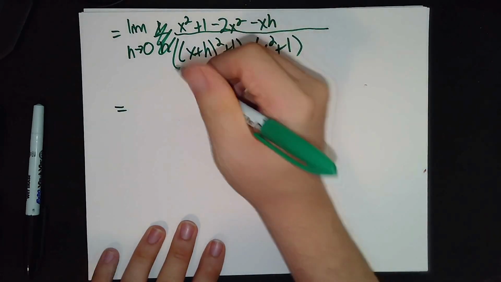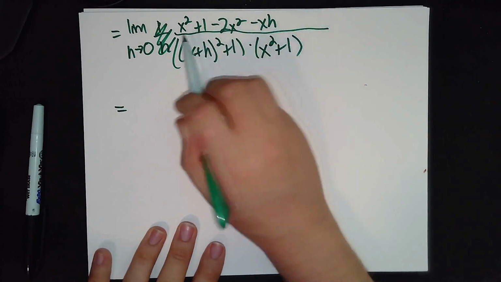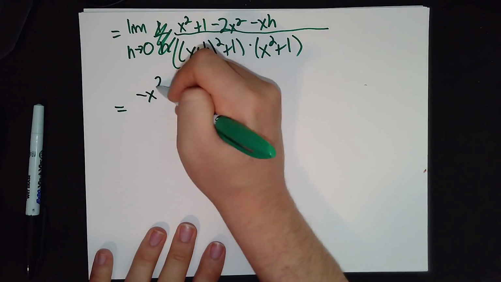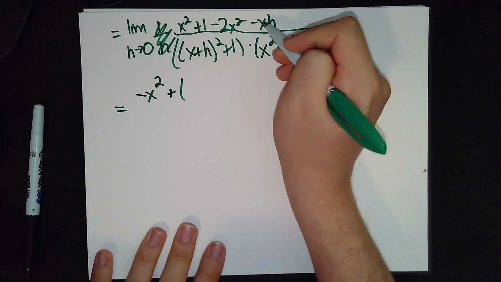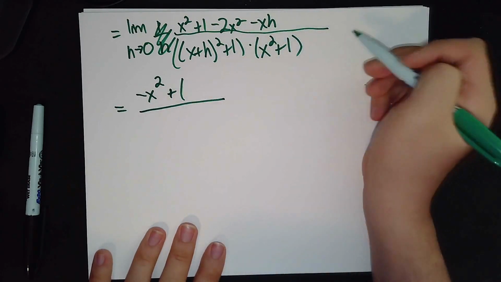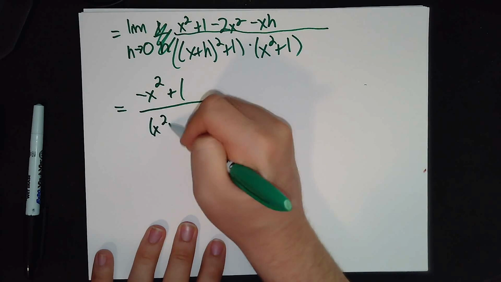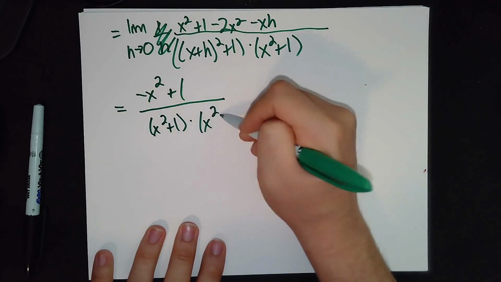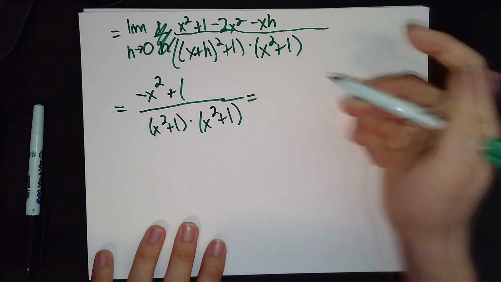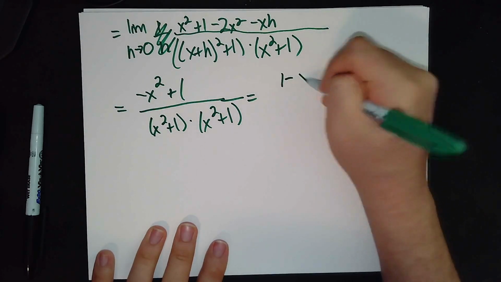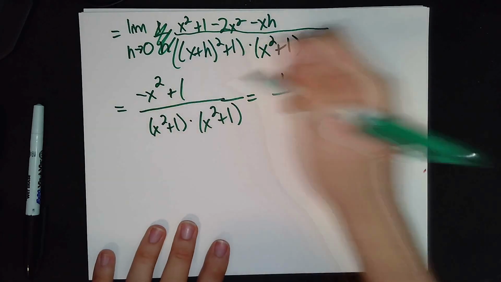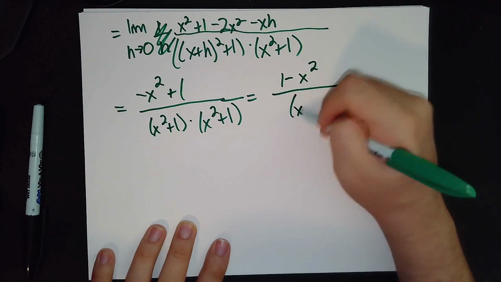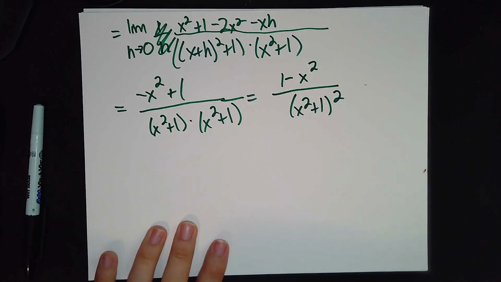So these two together are minus x squared plus 1, and again, this term disappears, divided by x squared plus 1 times x squared plus 1. So this will be, if you want to write it this way, 1 minus x squared, you can leave it as minus x squared plus 1 if you prefer, divided by x squared plus 1 squared.